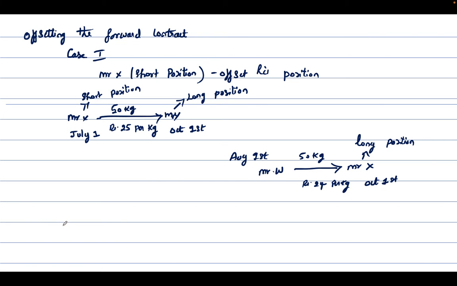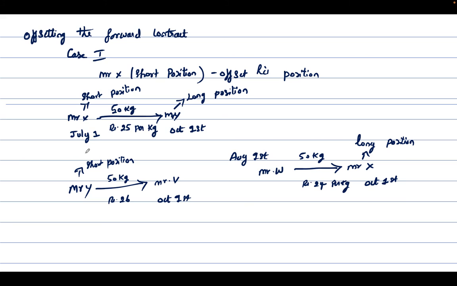He agrees to sell to Mr. V 50 kgs of sugar at rupees 26 per kg. So Mr. Y gets the short position here, where he agrees to sell to Mr. V the same 50 kgs of sugar for rupees 26 on October 1st.